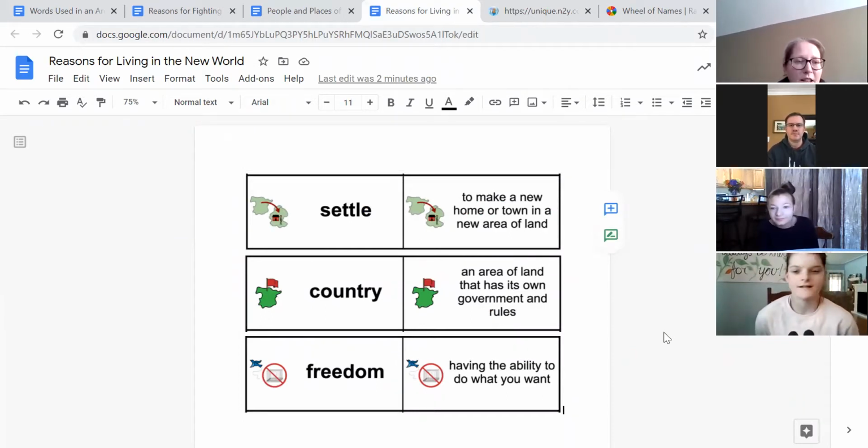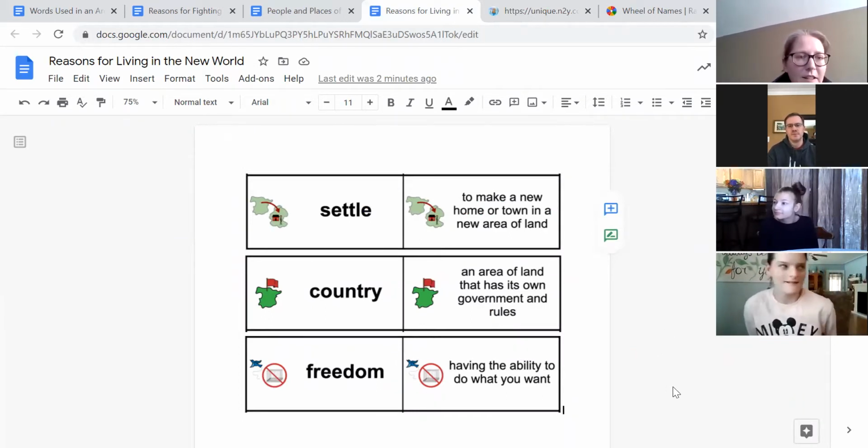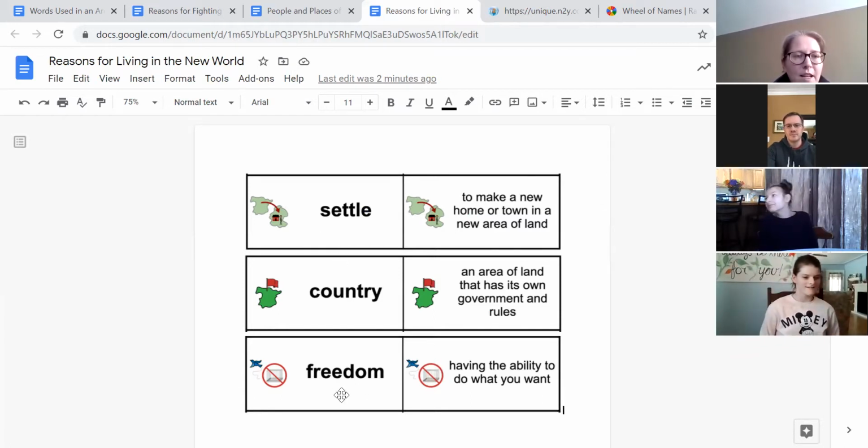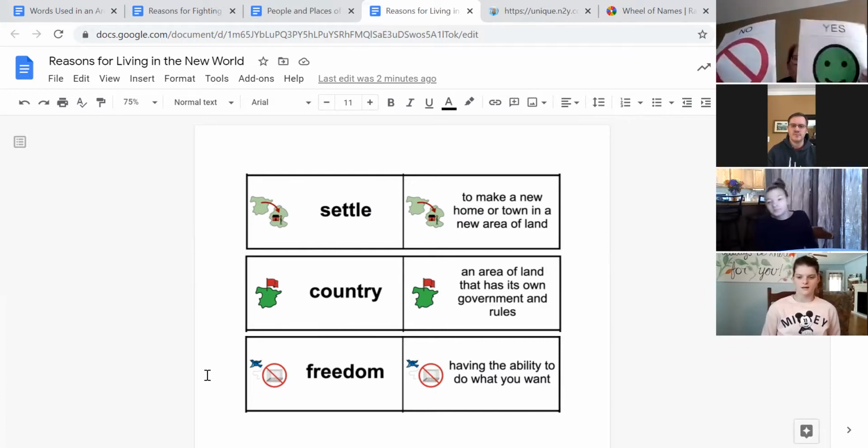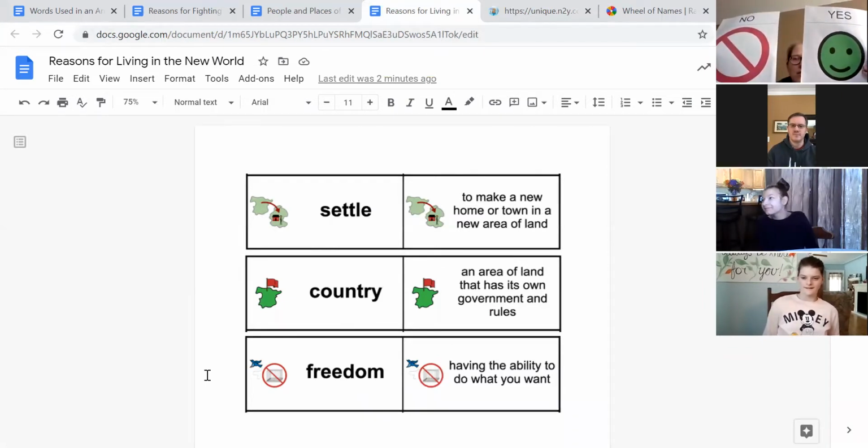All right. So our choices are settle, country, or freedom. Let's take a look at those and think for a second. Settle is talking about making a new home. So would settle be the right answer? Yes or no?